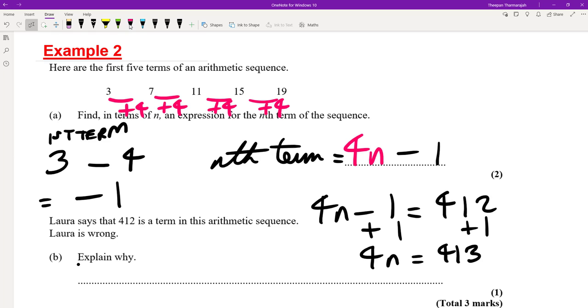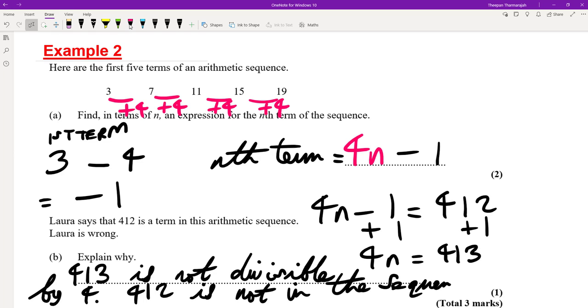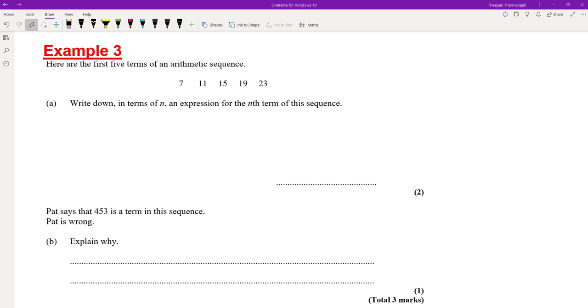So I would say 413 is not divisible by 4. So 412 is not in the sequence. Therefore, Laura is wrong.